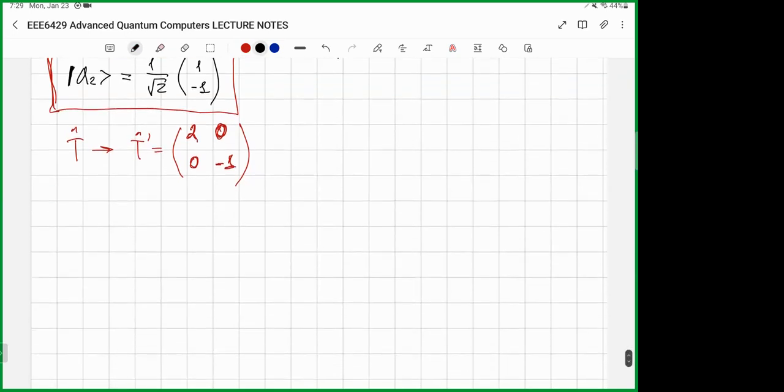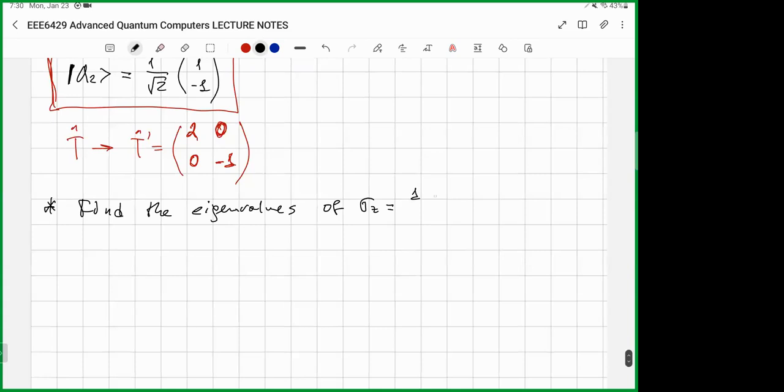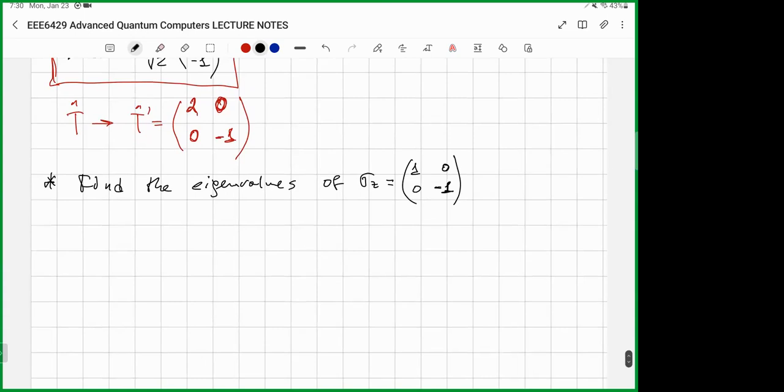As a problem, let's find the eigenvalues of this matrix sigma z, which is one of the 3 Pauli matrices: 1 0 0 minus 1. Do we need any calculations here?